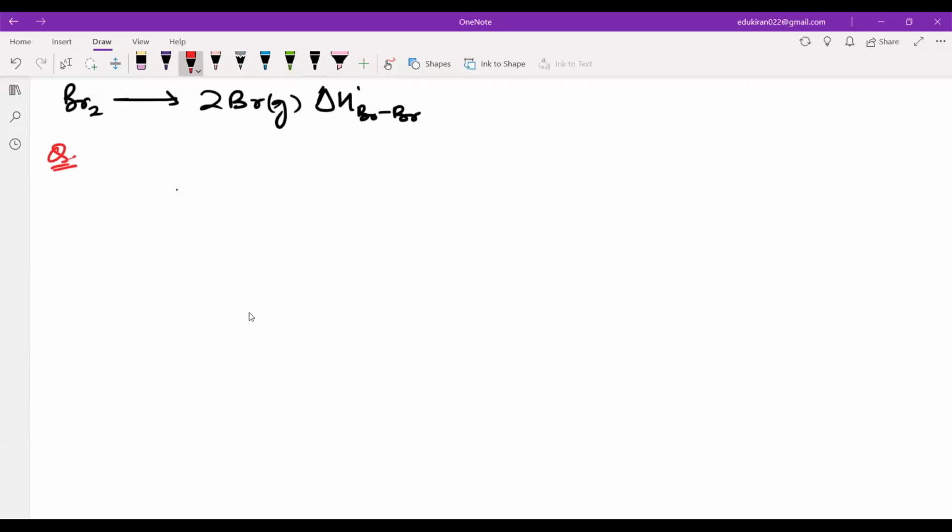We have a reaction in which we have PCl5. Let us take something else. Let us take SF6, which is going to give you sulfur plus 6 fluorine. This corresponds to delta H naught of a particular reaction.